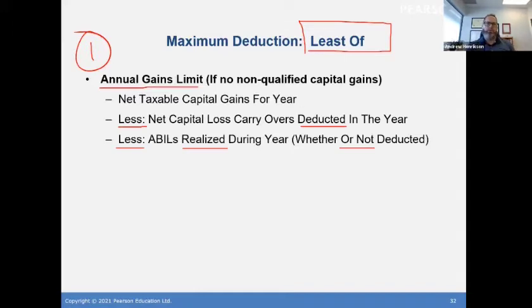And then if you lose, you can have that loss be treated as a loss. It's still cut in half to 50%, but you can apply it against any type of income. You don't have to hold on to it to put against other capital. So you get a preferential treatment on either side, and we're going to have to not let you double up, I guess. If you use one, it eats into your limit for the other.